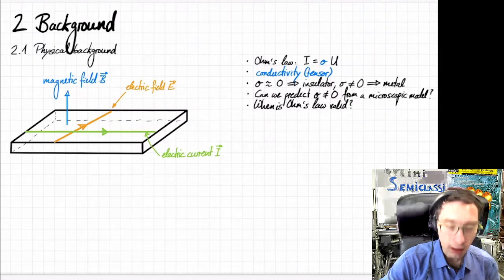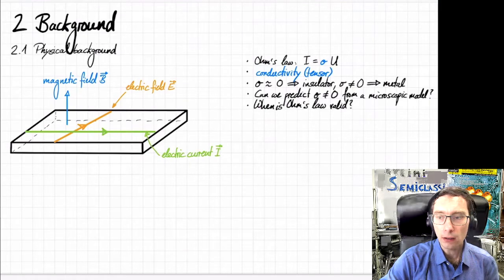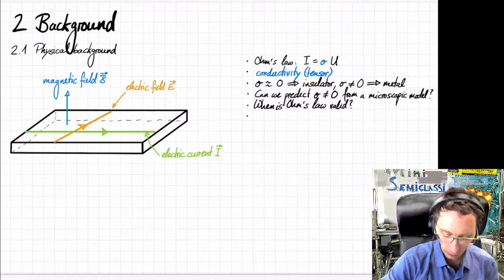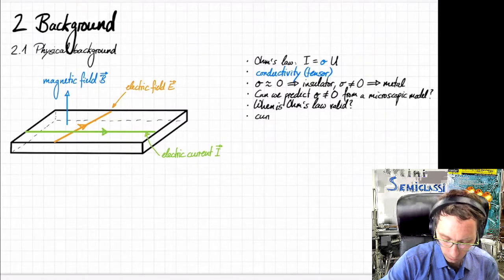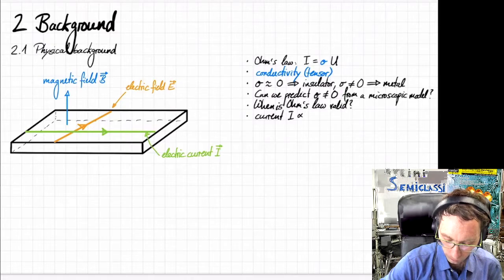As I said in my introductory lecture, it is better to work with the current density rather than the current itself. And that is because the current scales with the volume.